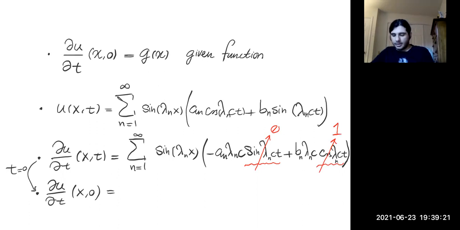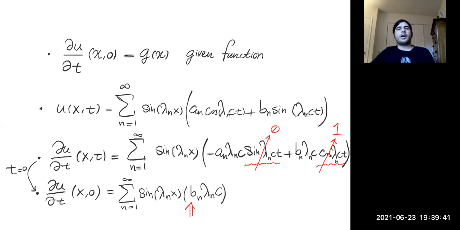Therefore, the result is the sum from n equals 1 to infinity of sine of lambda n x times some constants, bn lambda n c. We want to solve this equation for each bn, to find these numbers bn.